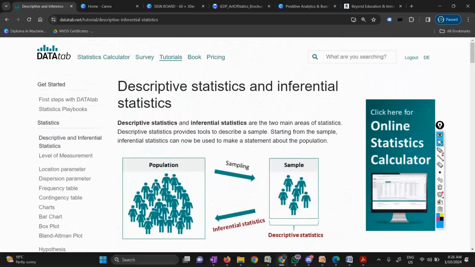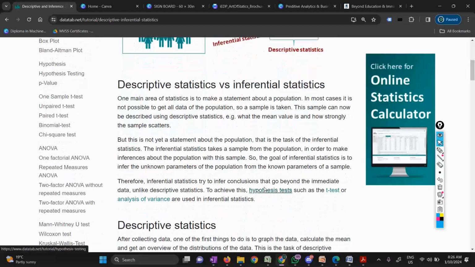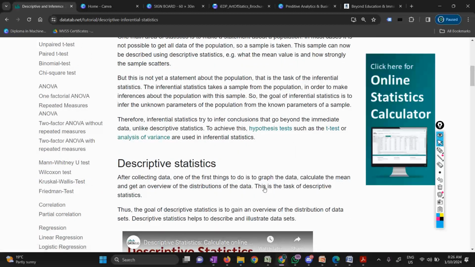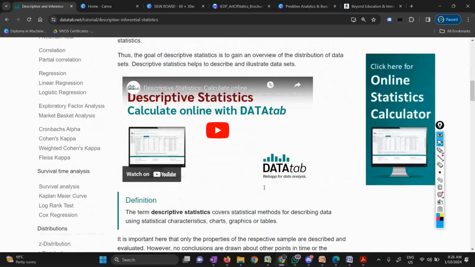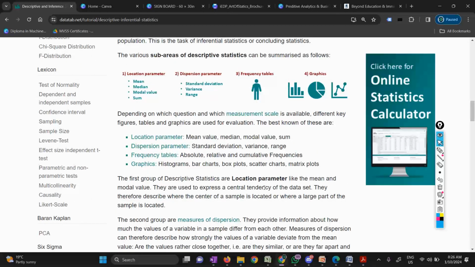Because of the metadata of that picture, I found out that there is something called DataTab. Then I contacted the CEO, and we got into a discussion about statistics, and it was really fun. I said, I want to represent you guys in India. And you won't believe, at least around 25 to 30 people regularly buy a license of DataTab every day.